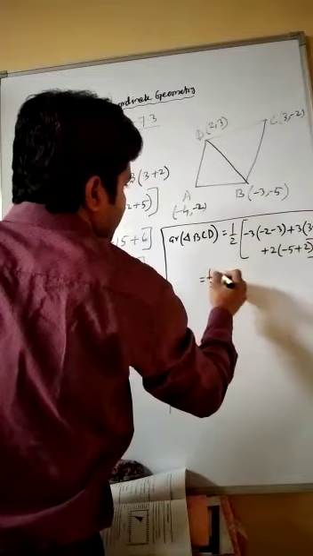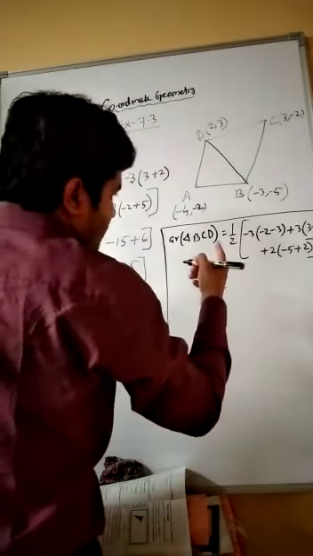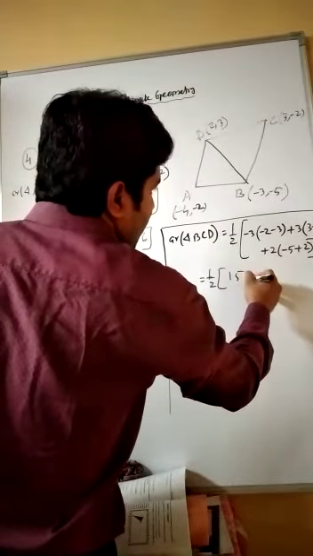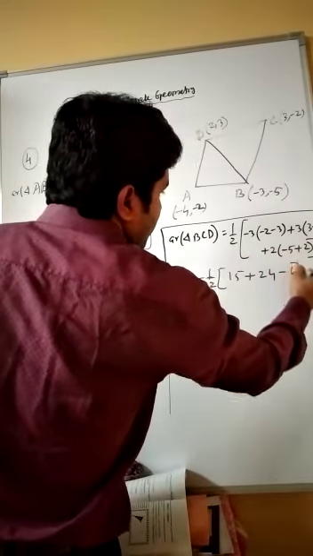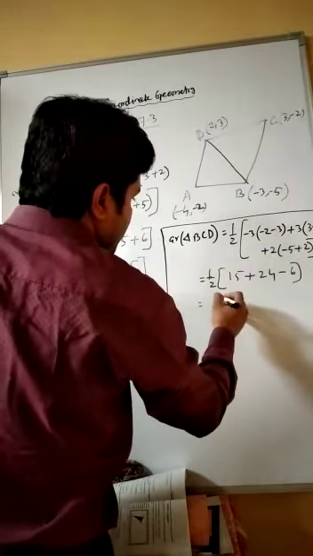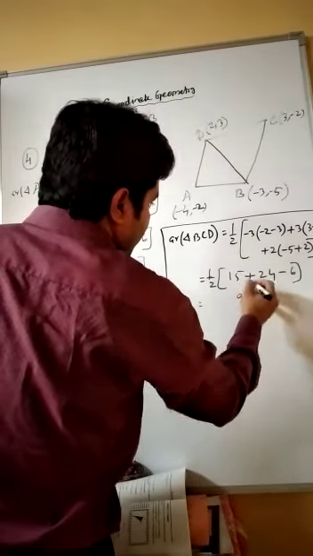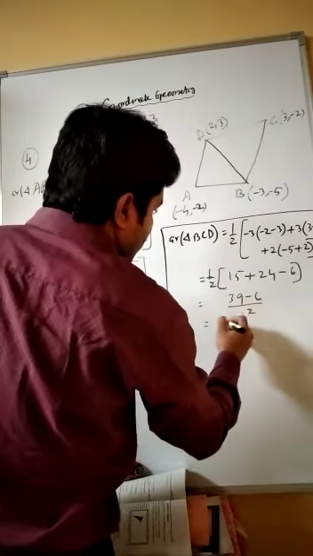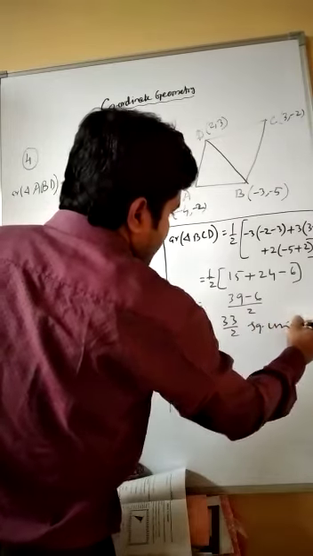So half of, what is the value of this? Minus 2 minus 5, that is plus 15, and then plus 24, it is minus 6. So 39 minus 6 by 2, that will be 33 by 2 square unit.